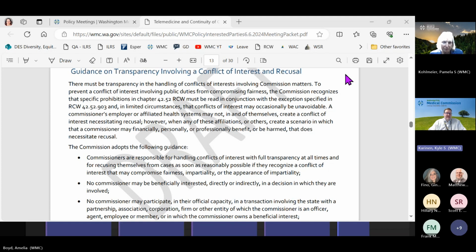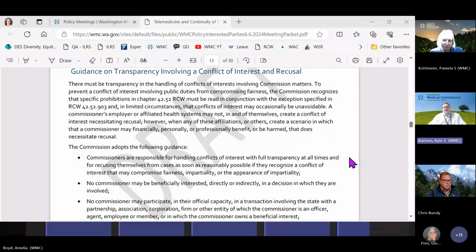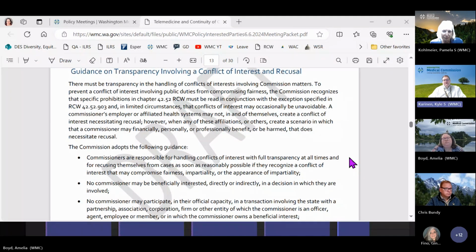Our case authorization packets are completely redacted, and in our case review discussions, there's only one commission member who knows the identity of an individual. And when I say identity, I mean location, practice, and certainly the name.